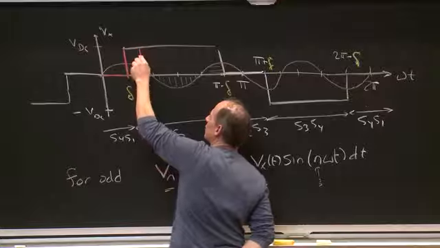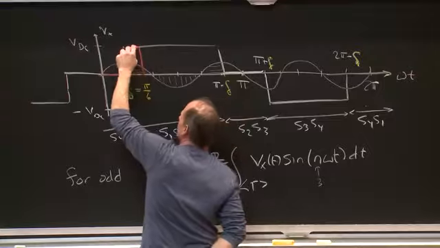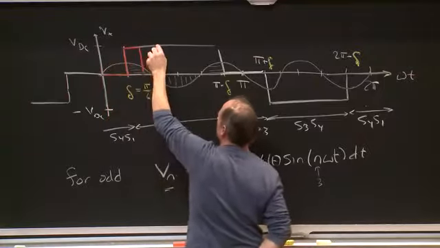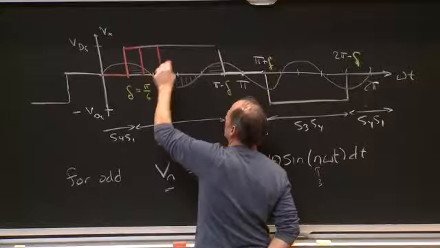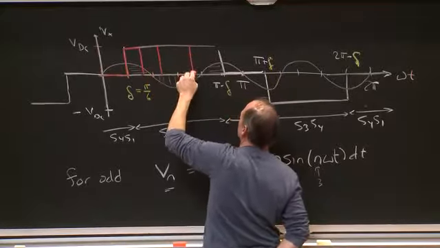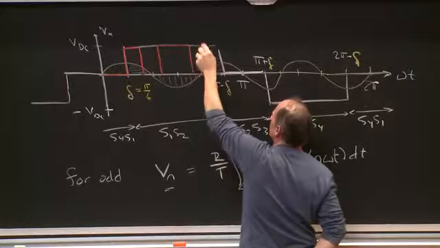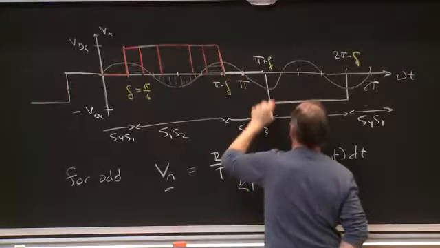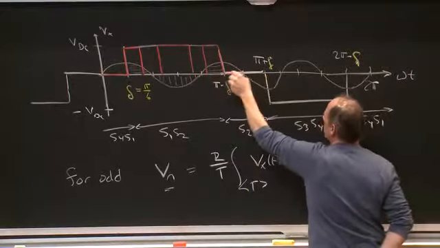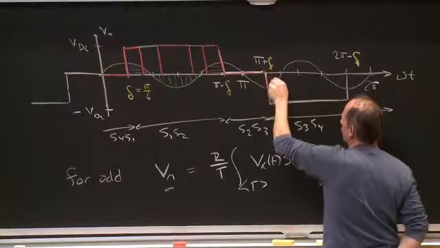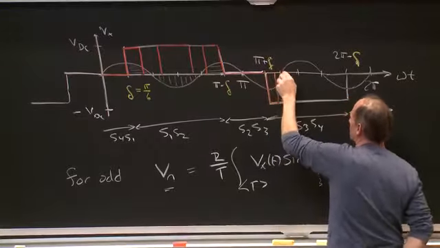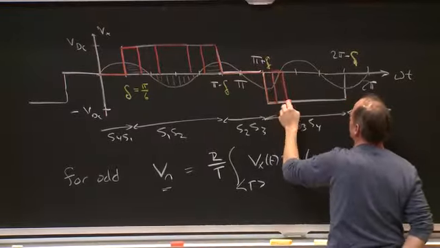So maybe I could create a pulse waveform that does this. And maybe I'll do that again on this side. I would want to keep my waveform half wave symmetric, so I'll do the same thing on the other side and do this.